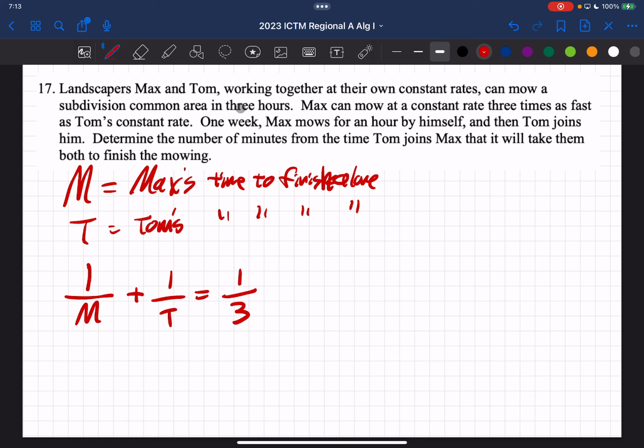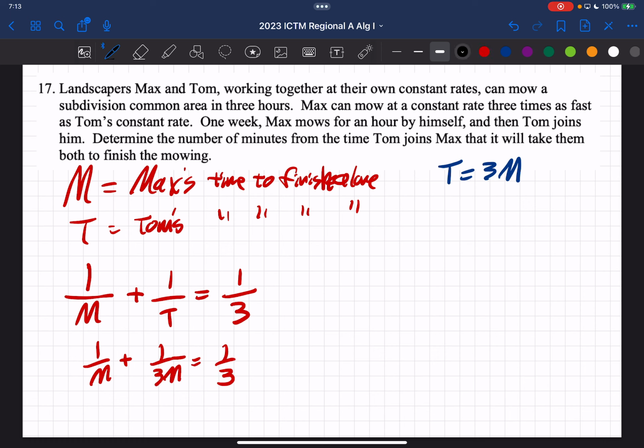Now, it says that Max can mow at a constant rate 3 times as fast as Tom. So that means Tom's time is equal to 3 times Max's time, because Tom takes longer. So 1 over m plus 1 over 3m equals 1/3.